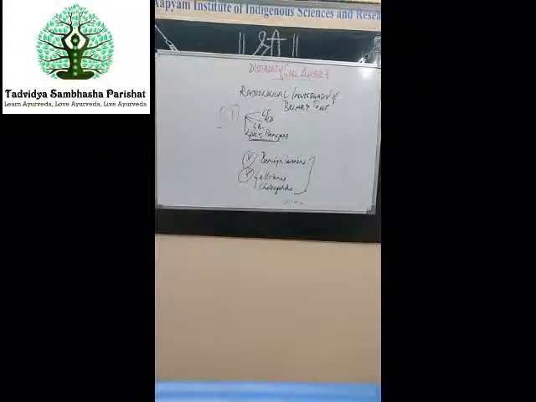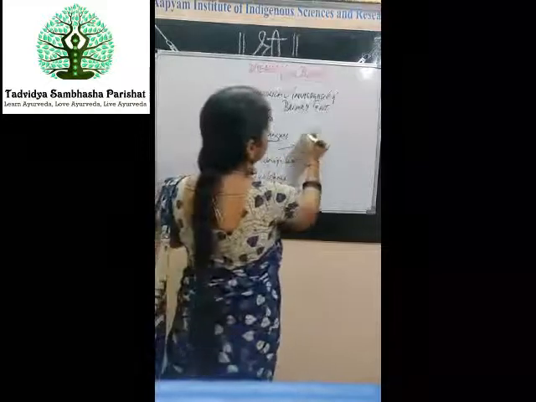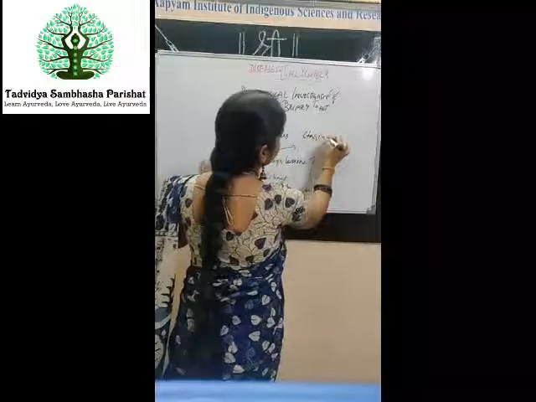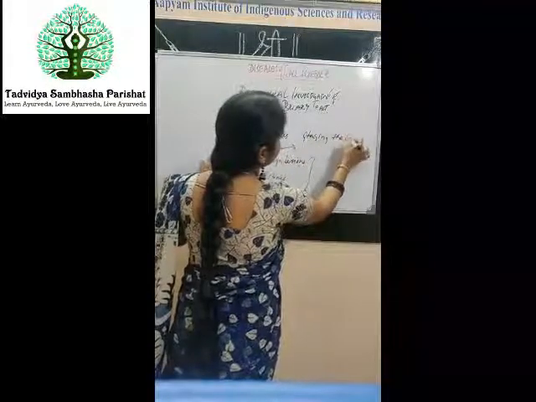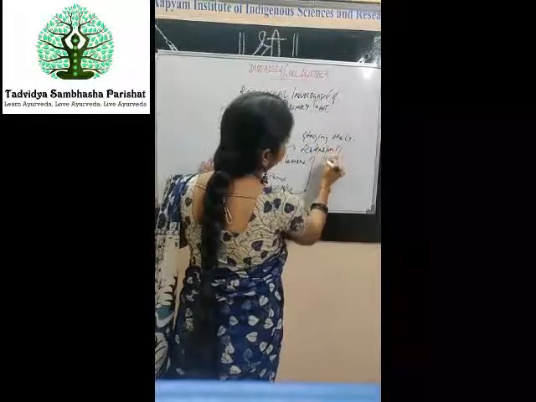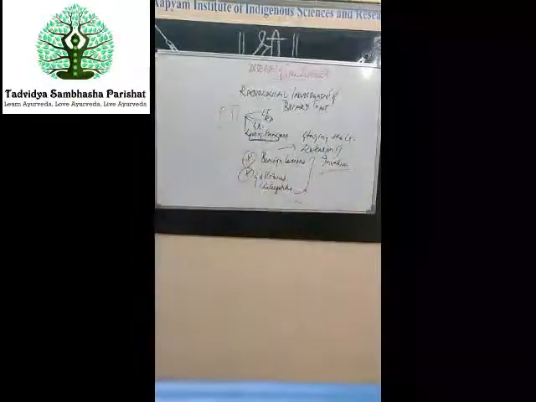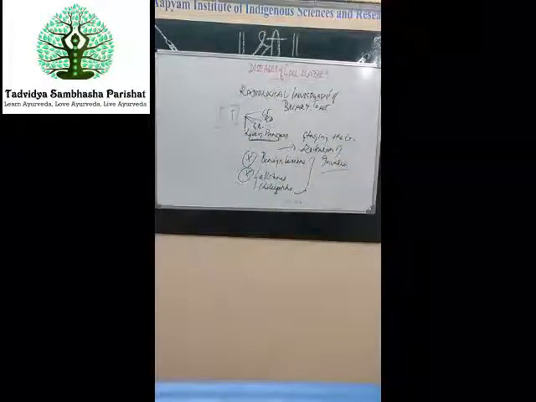So where CT actually holds as a modality of choice is especially in staging the CA and knowing the extension of invasion. So in such cases, CT holds as a choice of modality.